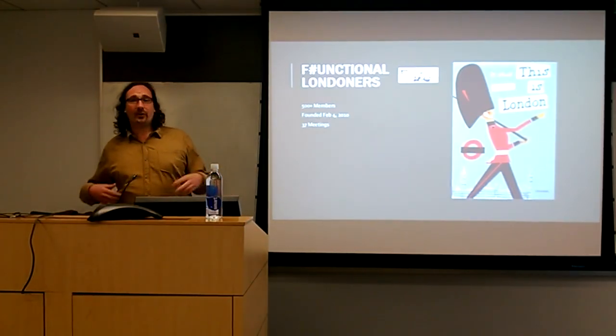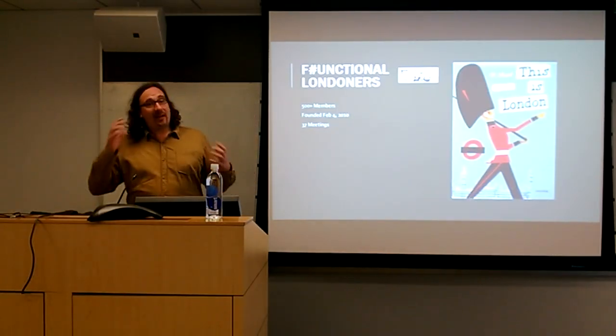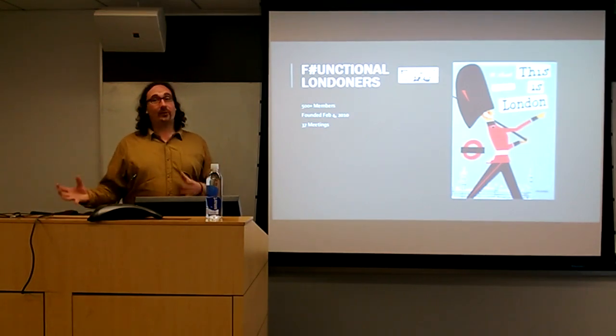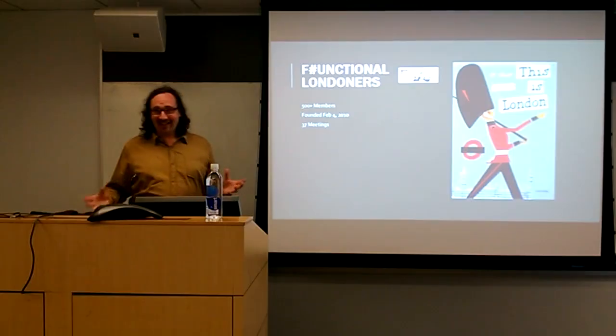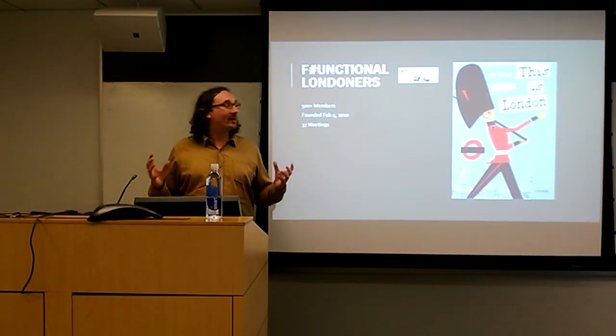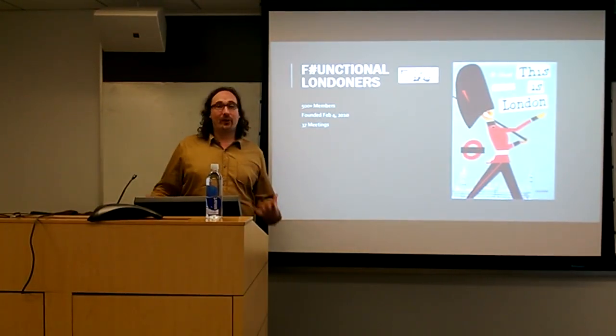There's 500 members, and just to put that in perspective, that's quite a lot of people. That's about the same number as the .NET user group, and twice as big as the Haskell user group. So F# is not small, in London at least. We'll look at New York in a second, but this is big business. And I guess, what's the story behind that?